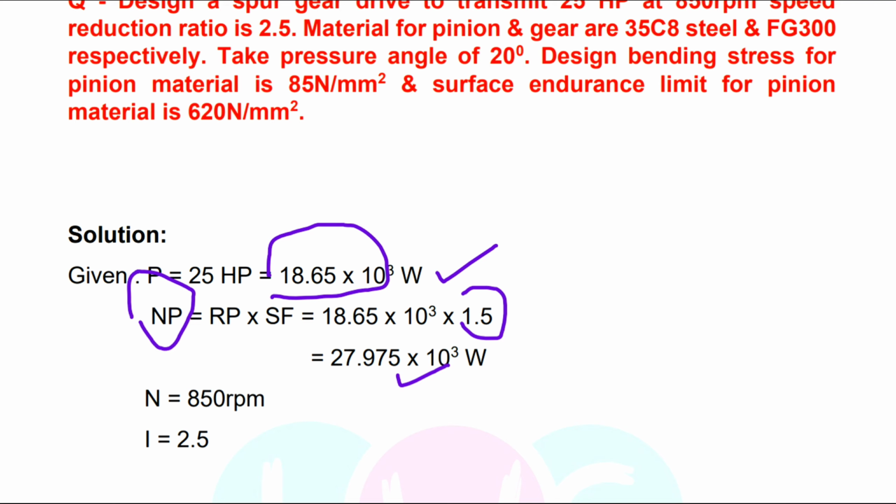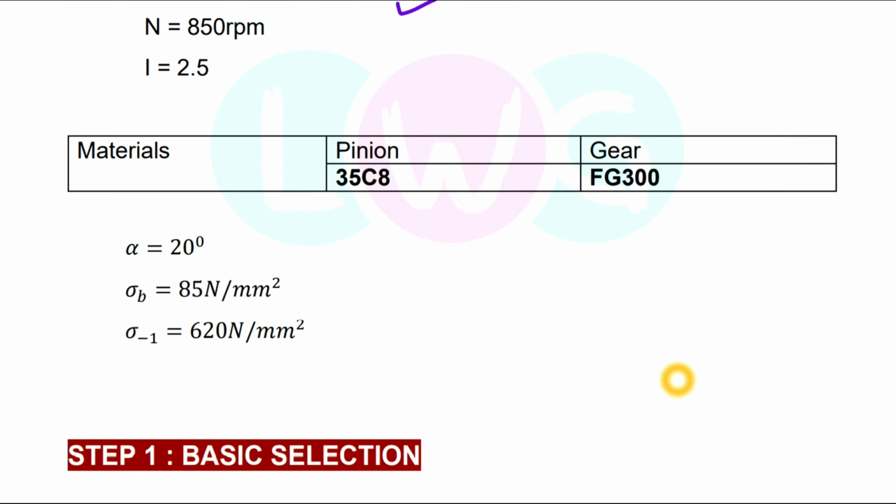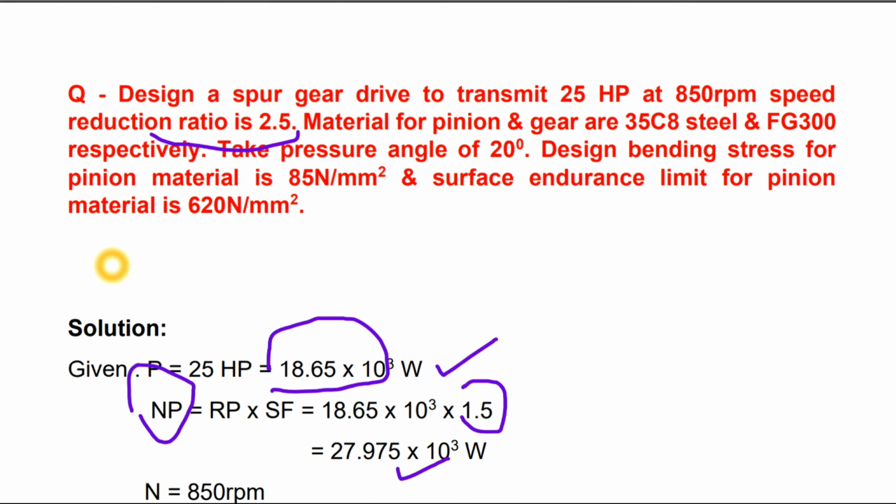Next, rpm is given as 850 rpm, so n is equal to 850 rpm. Speed reduction ratio is 2.5, so i is equal to 2.5. Next, material given: pinion 35C8 and gear FG300. Alpha is the pressure angle.